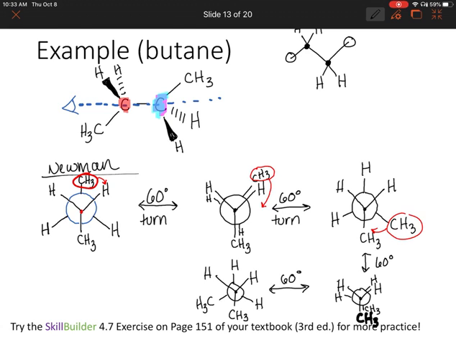Okay, so this structure looks pretty similar to the third structure we drew, where the methyl groups are kind of offset from each other, so they're 60 degrees apart. It's just flipped, right? So that's kind of similar. Okay, and let's do one more 60-degree turn.